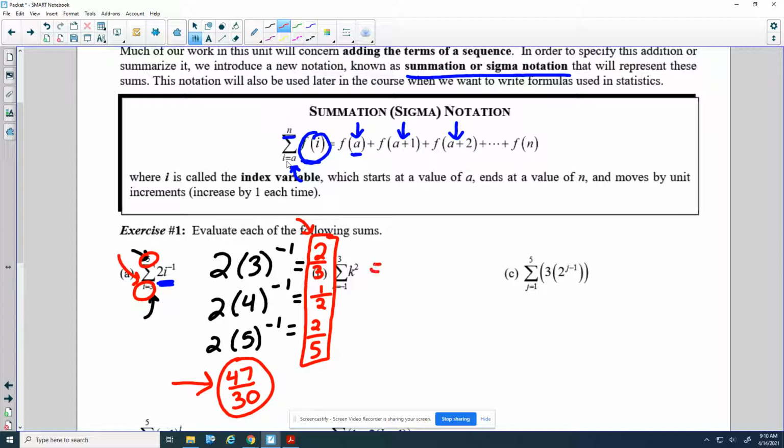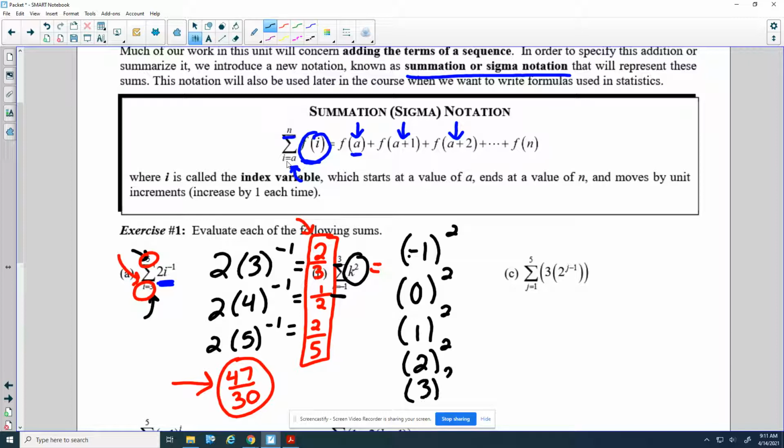Basically on this one, instead of having an i I have a k. You can really have whatever variable you want there, down at the bottom. So this k value starts out at -1 and goes up to 3. And I'm just doing k squared. So I have -1 squared, 0 squared, 1 squared, 2 squared, and then the last number I'm going to plug in, that number up top, is a 3.